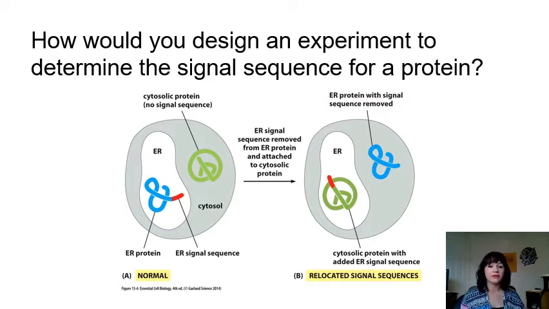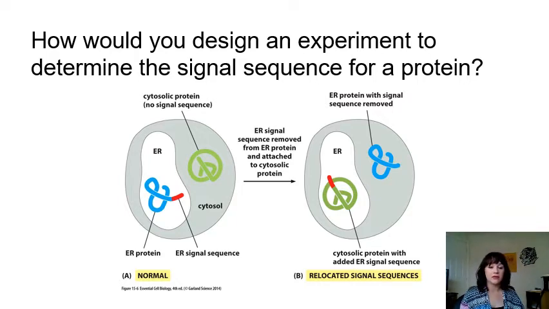So they've successfully been able to identify what amino acids are responsible for directing a protein to the endoplasmic reticulum. And oppositely, you can see that the protein that normally ends up in the endoplasmic reticulum is now found in the cytosol.